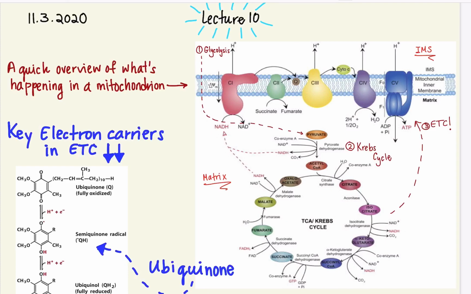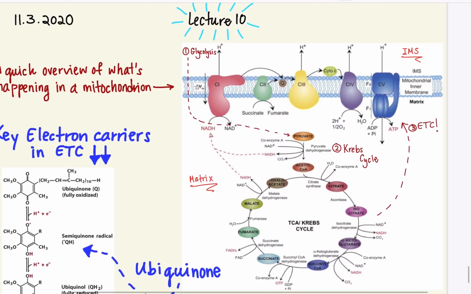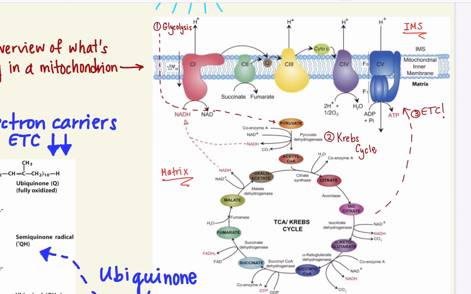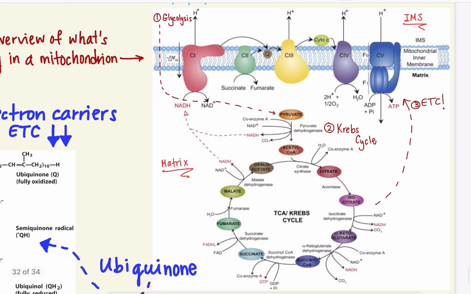Before we move on, I wanted to give you an overview of what is happening in the mitochondrion, in hopes that this will put the big picture together for you all and help you in your understanding of all these processes. Over here, we have the inner membrane of the mitochondrion.